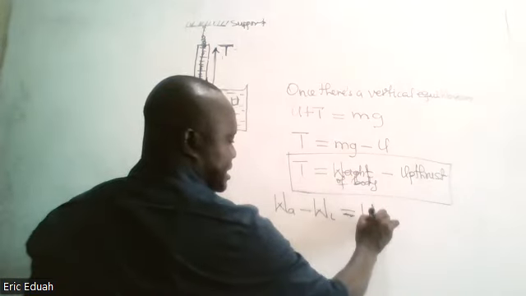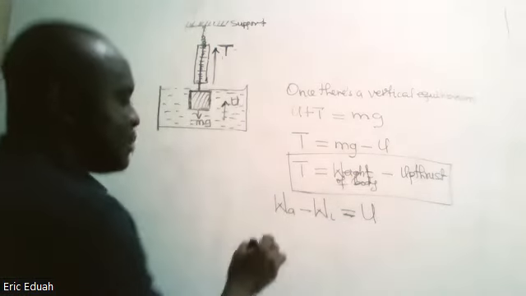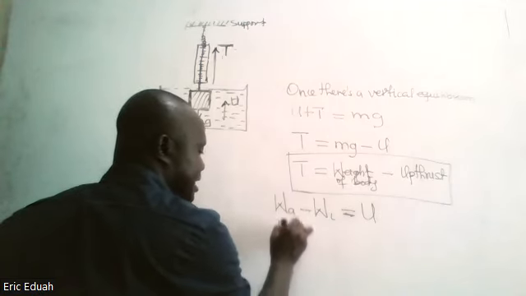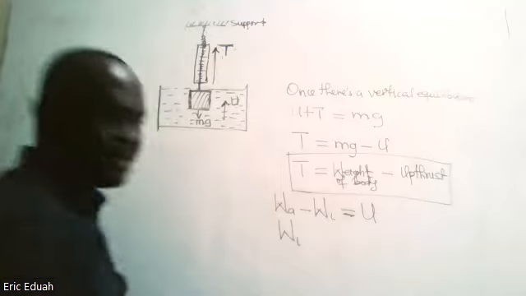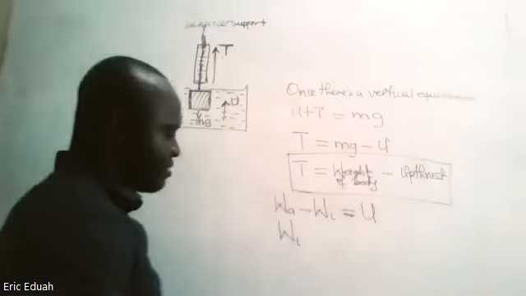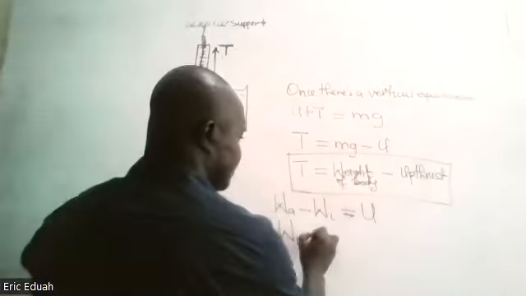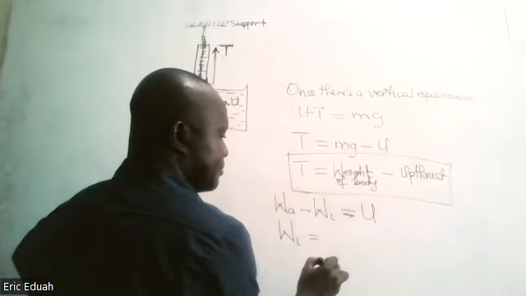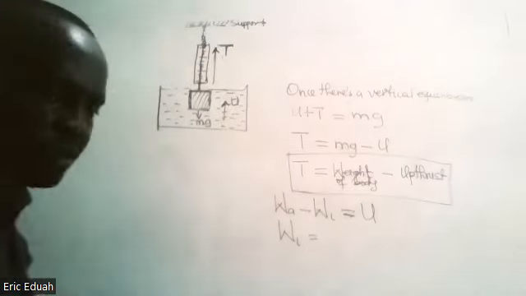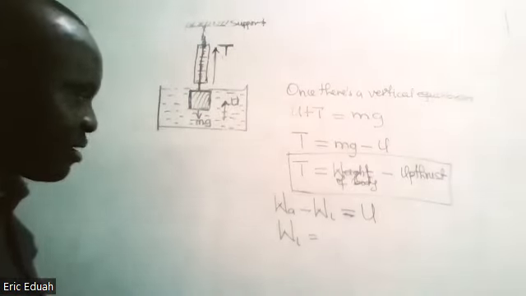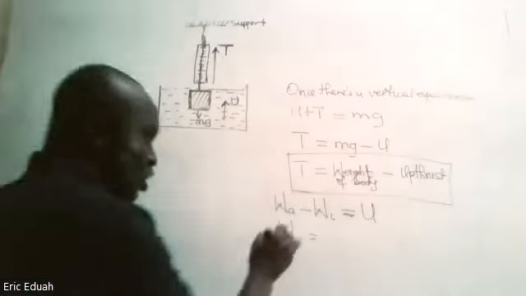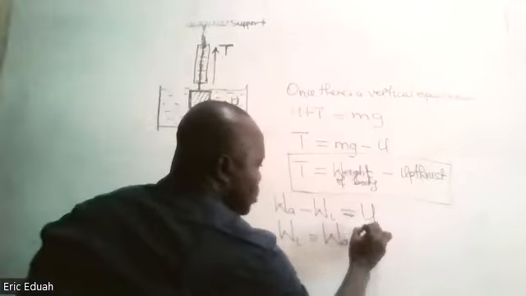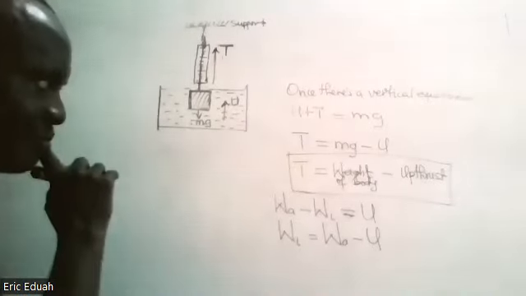Let's make the apparent weight the subject. It is equal to W minus U, the real weight minus the upthrust, isn't it? Yes.